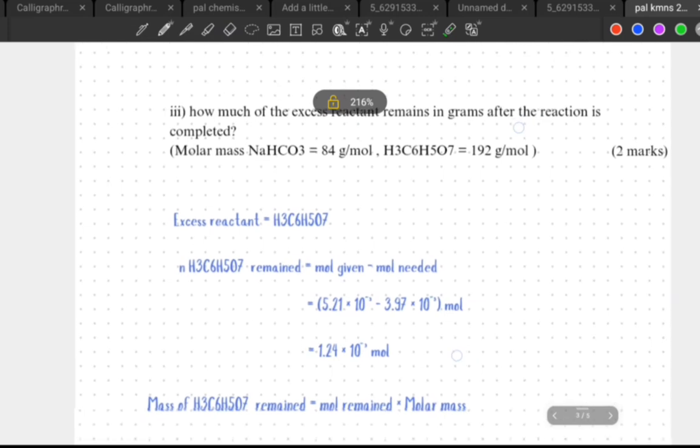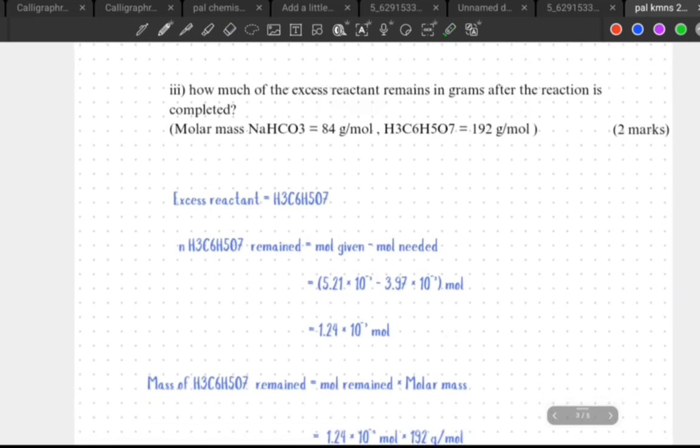Next question. How much of the excess reactant remains in gram after the reaction is complete? We know that the excess reactant we determined just now is citric acid. So the question asks for what remains in gram after the reaction is complete. We know that the formula for this question is mole given minus mole needed.